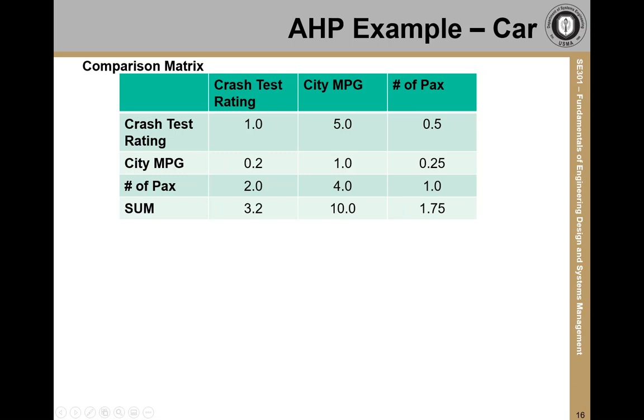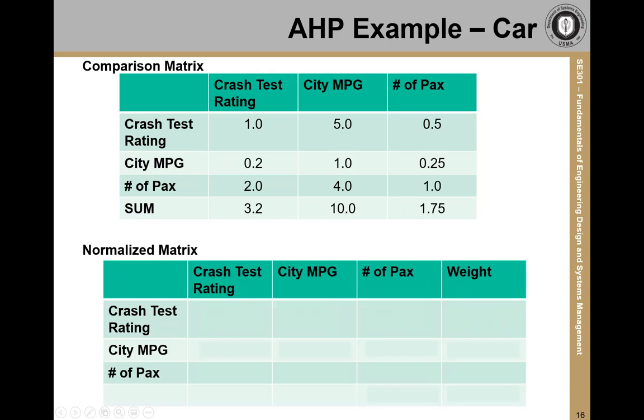We then have to build what we call the normalized matrix. So in our normalized matrix, for each of our value measures, our crash test rating, our city miles per gallon, and our number of passengers, for crash test rating, I'll take that 1.0 in that top left cell and divide it by the sum for that entire column, and that's 3.2. So 1 divided by 3.2 gives me 0.31.